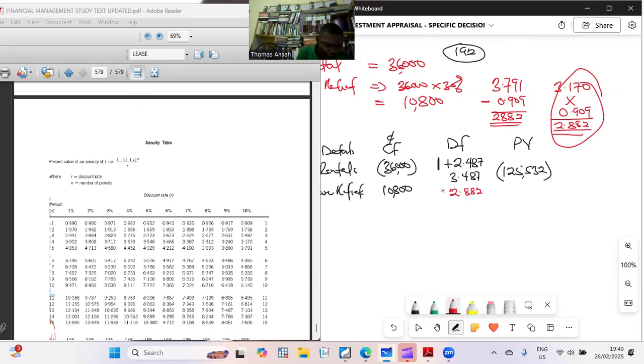If I multiply 2.882 by 10,800, then what am I getting? 31,123. All right, so this is 25.6, but I've rounded it. So what will be the lease option?